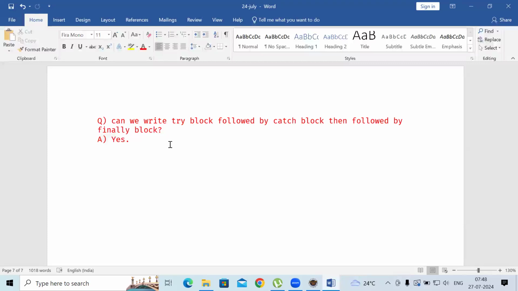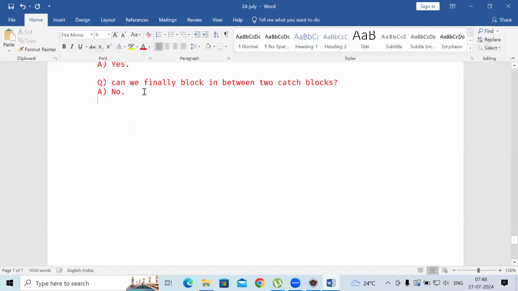Next, can we write a finally block in between two catch blocks? No. Answer is no. In between two catch blocks, we cannot write the finally.